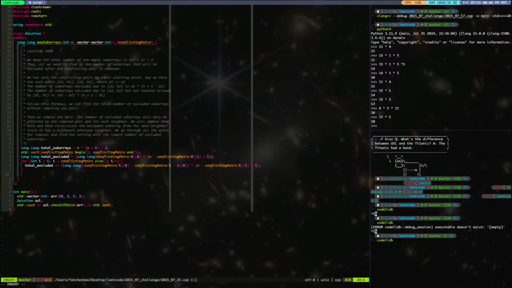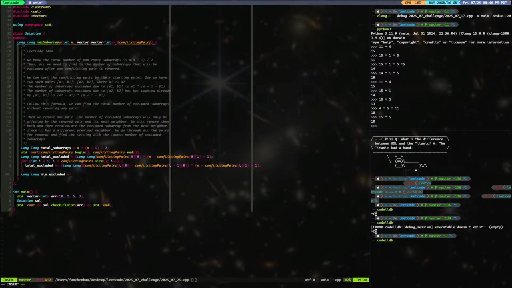Now we're going to go one by one. We say, if I remove this, what's going to happen? Or remove this, what's going to happen? So if I remove the first one, I remove this, and I reconstruct this. Long long minimum excluded, right?